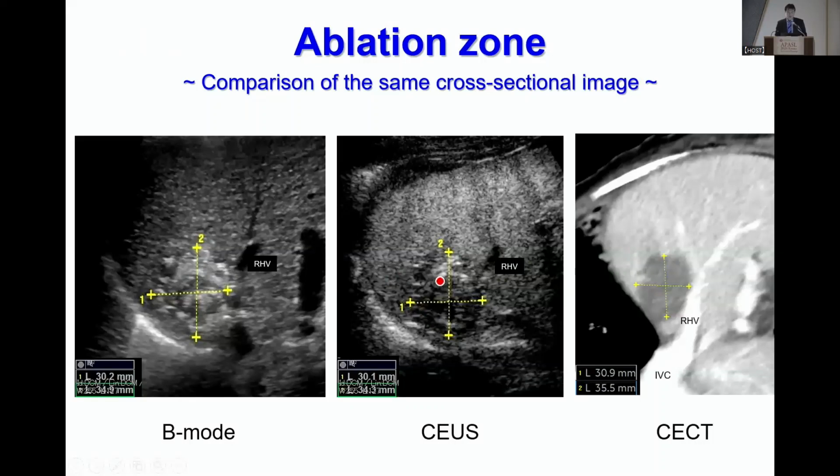The middle shows the low intensity area on contrast enhanced ultrasound measuring 30 millimeters by 34 millimeters. On the right, you can see the low density area on dynamic CT measuring 30 by 35 millimeters.